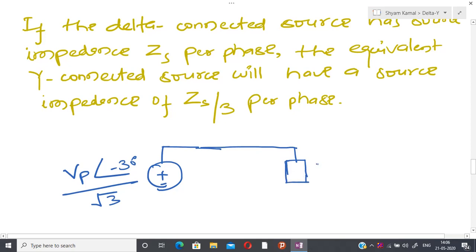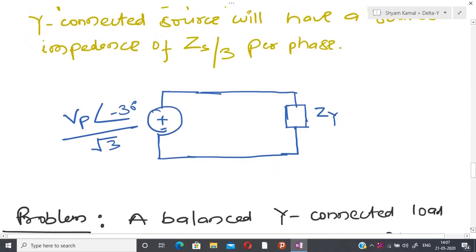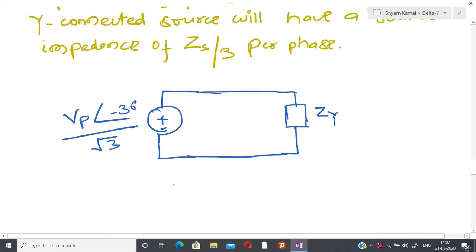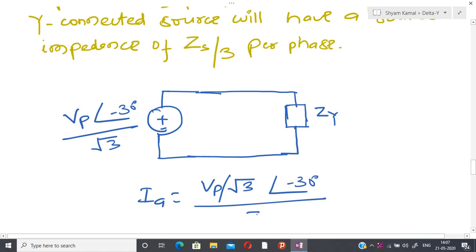At that time we observed that if I have a balanced Y to Y connected system, then all three phases are equivalent to one single phase, so I can separate one phase from the others. The same kind of thing I am going to use here, and in this way I am able to find the line current IA, and that line current IA is nothing but Vp by root 3, angle minus 30 degrees, divided by Zy.